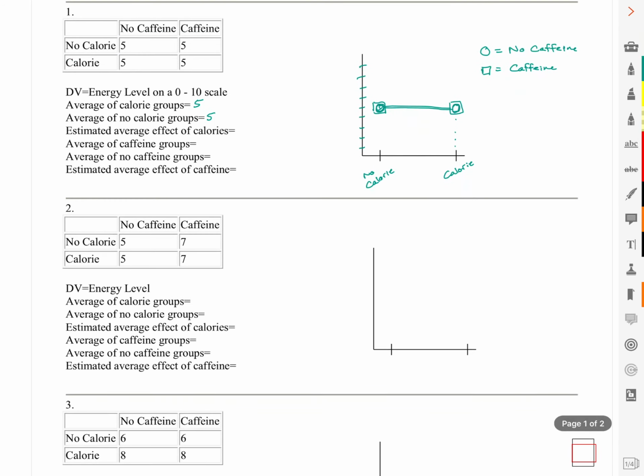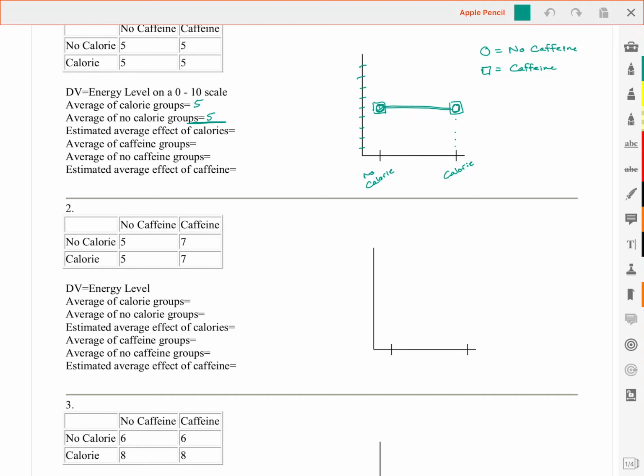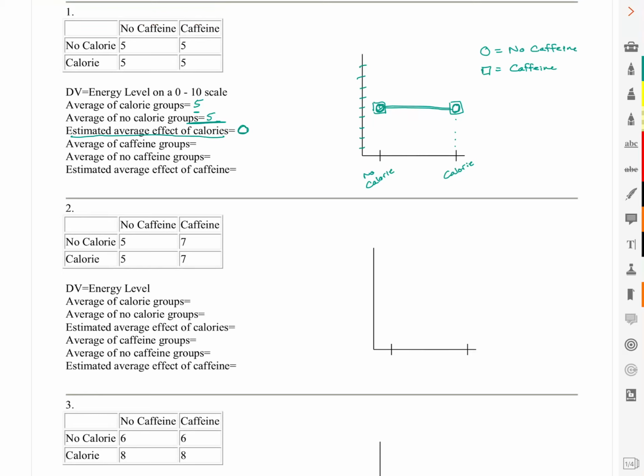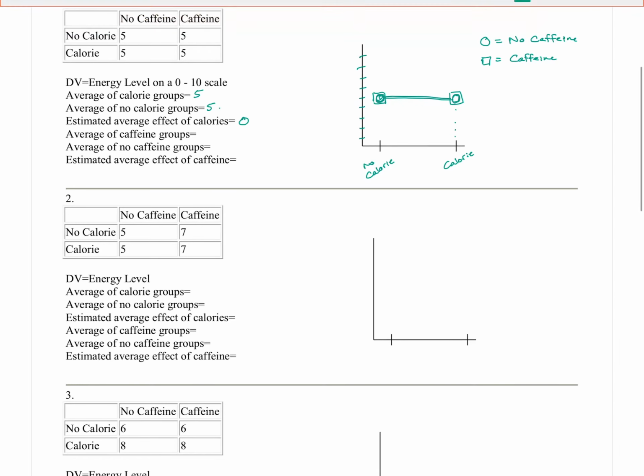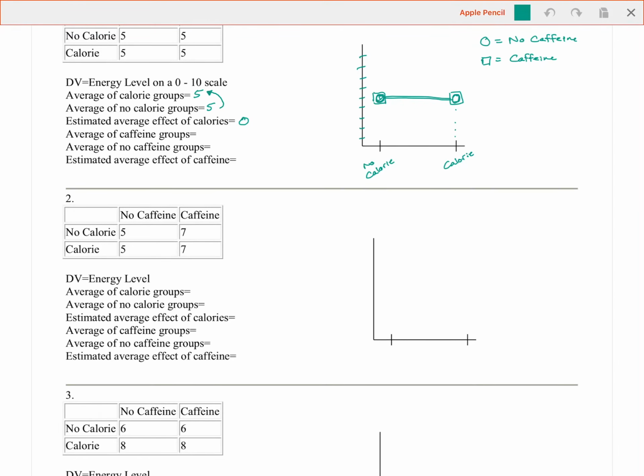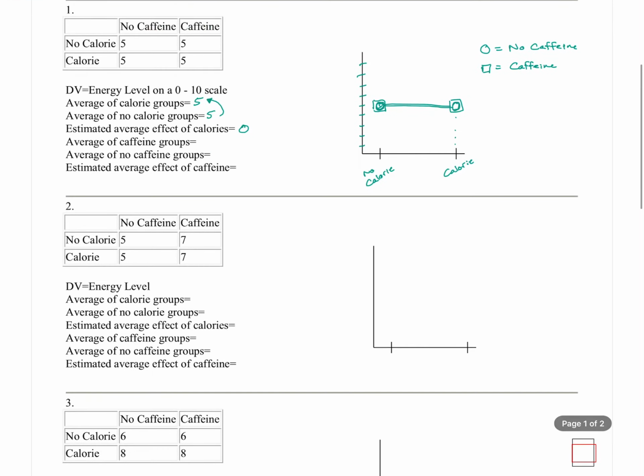Okay, so now what we want to know is, what is the difference between these? You could think of setting it up like a subtraction problem. The average of the calories minus the no calories is going to give us the estimated average effect of calories. Here it's 0. In other words, when we move from no calories up to calories, what we find is adding calories doesn't do anything to our energy level.